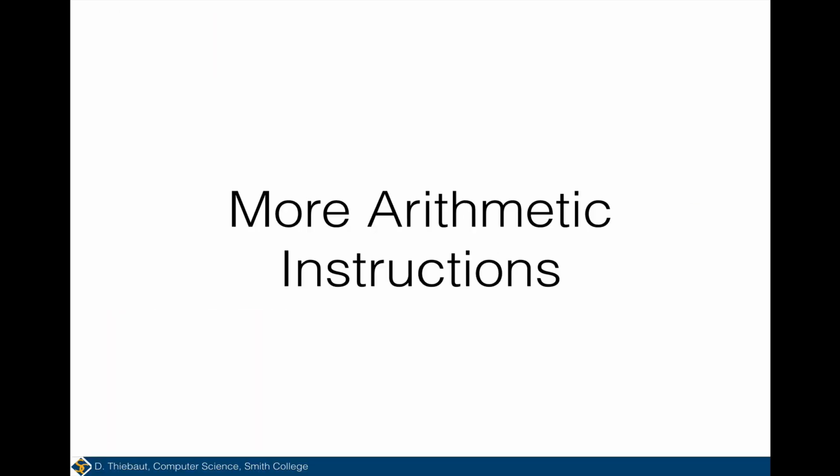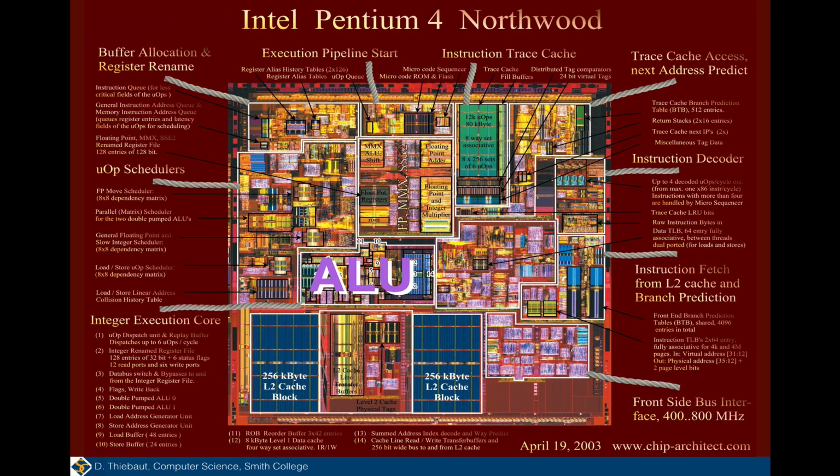So I'm planning on covering more instructions, and to give you an idea of where the arithmetic instructions take place inside the Pentium, I have here the image of the die. The die is actually the silicon chip that is inside the processor. And here we see all the different components, and what is interesting for us is this part with the word ALU on top, which I've added here.